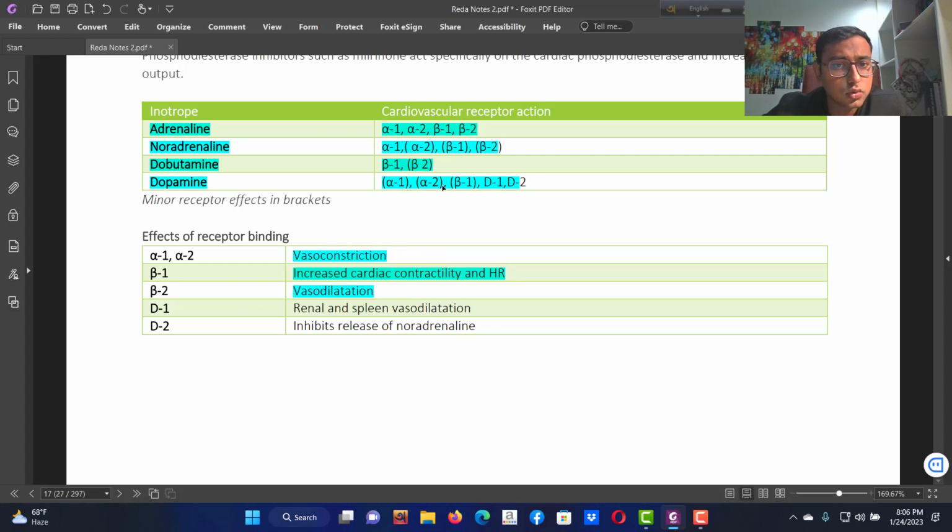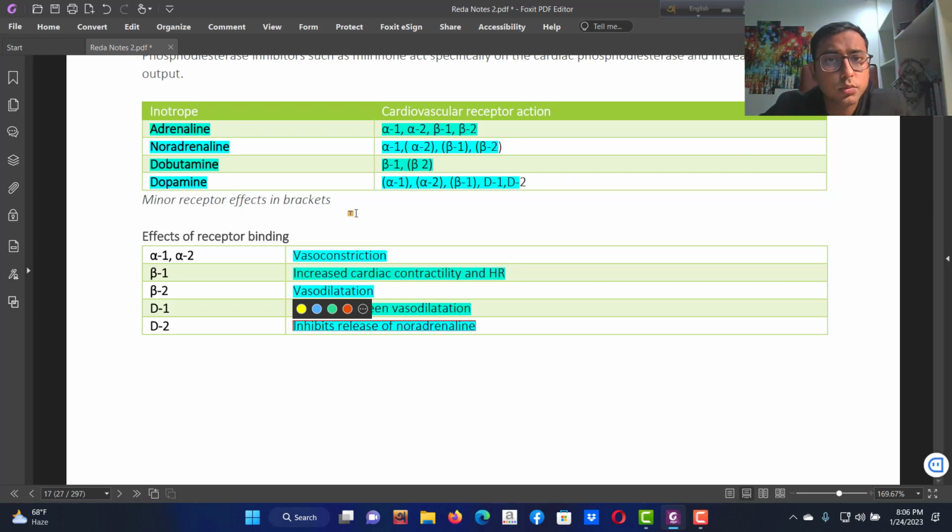But beta 2, as with dobutamine, causes vasodilation, and D1 and D2, that is dopamine, cause renal and splenic vasodilation, and D2 also inhibits release of noradrenaline. In septic shock, there is increased cardiac output, we all know.